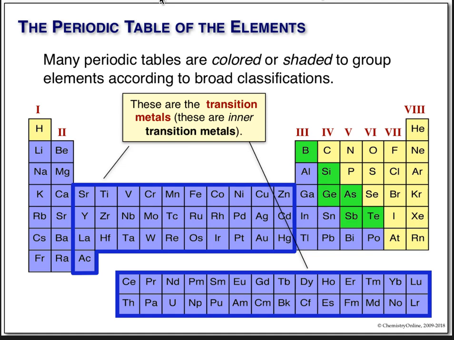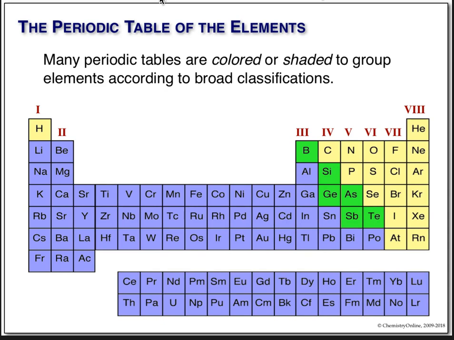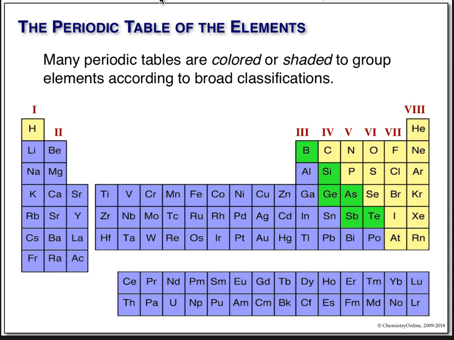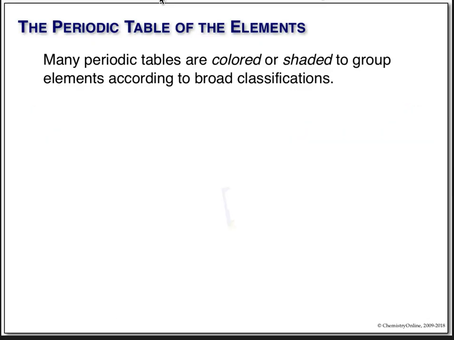Now, why are they stuck down like this? Actually, they belong right here, after lanthanum and actinium. These are called lanthanides and actinides. So if we took these and we stuck them here where they belong, the periodic table would look like this.